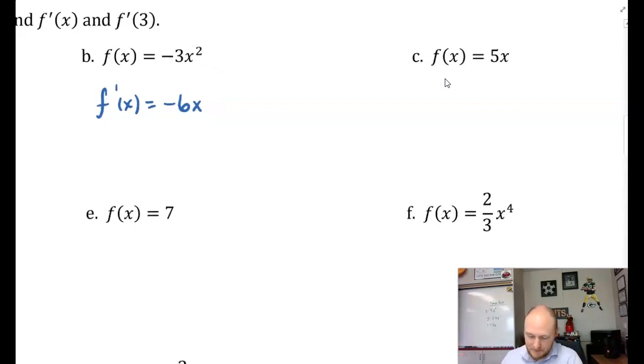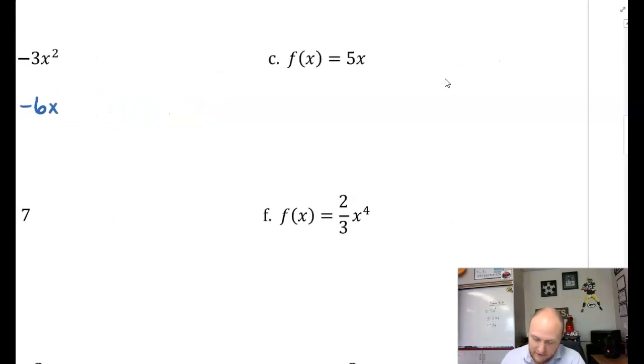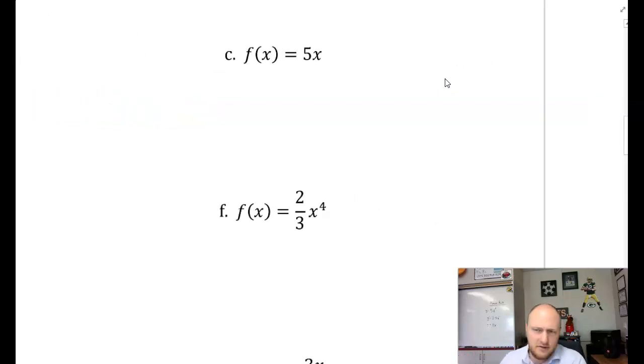That's it. C, f of x is equal to 5x. F prime of x, okay, I'm going to multiply by the power. 5 times 1 is still 5, and then I'm going to drop the power by 1. Off to the side here, I'm just going to write this: x to the power of 1 minus 1 is x to the power of 0, which is just 1.